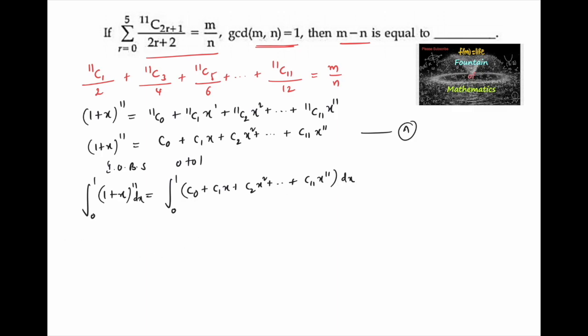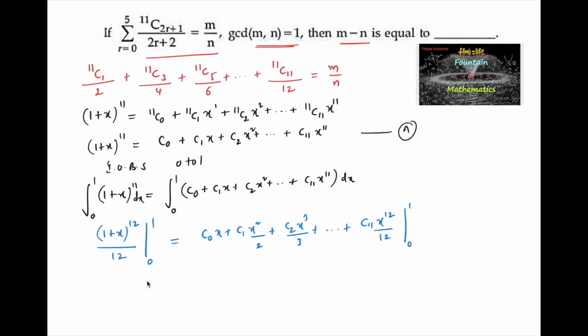So we can write (1 plus x) whole to the power 12 divided by 12 over the limits 0 to 1, which is equal to C0 x plus C1 times x square by 2 plus C2 x power 3 divided by 3, and so on up to C11 x to the power 12 divided by 12, over the limits 0 to 1.